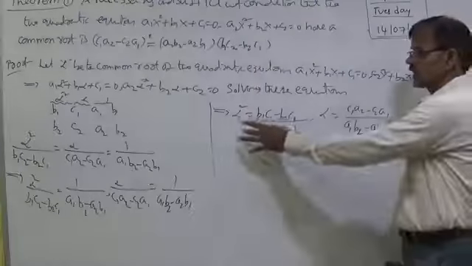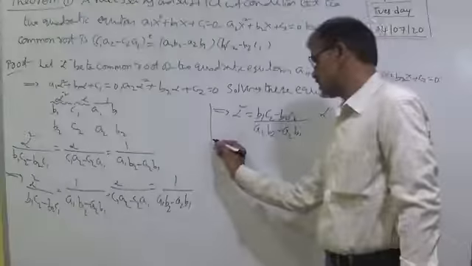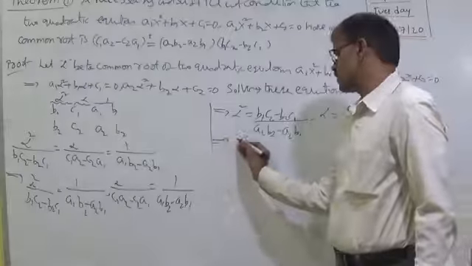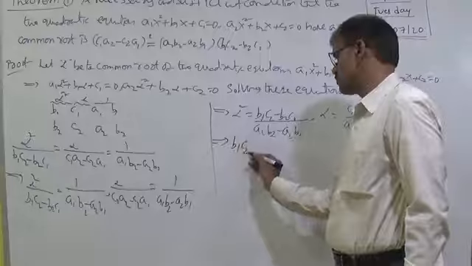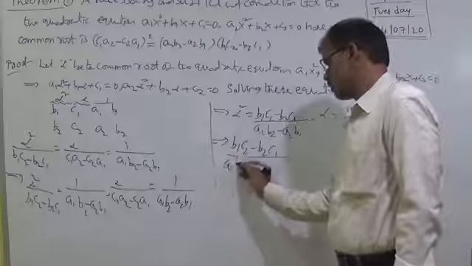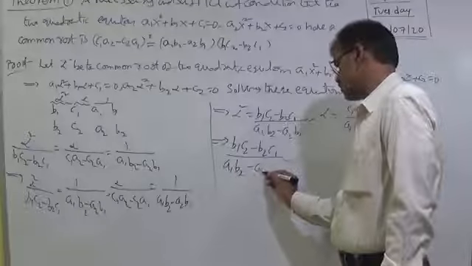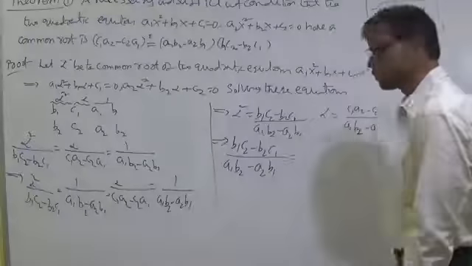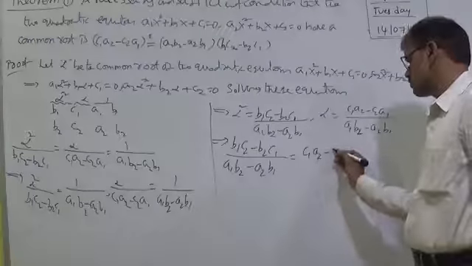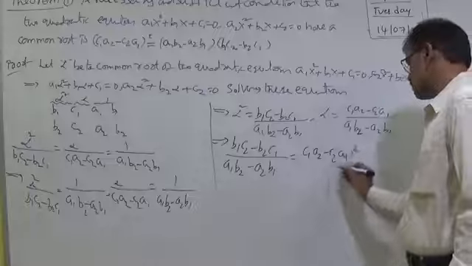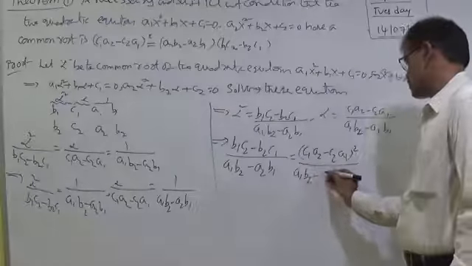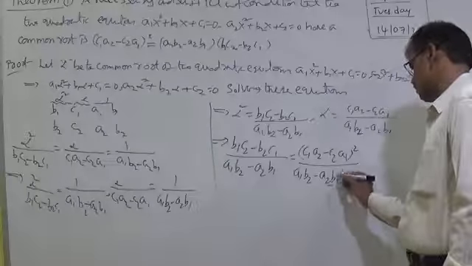Try to understand that this is alpha square and this is alpha. By squaring both sides for alpha and equating these two, we get the condition that b1 c2 minus b2 c1 by a1 b2 minus a2 b1 is equal to c1 a2 minus c2 a1 whole square by a1 b2 minus a2 b1 whole square.